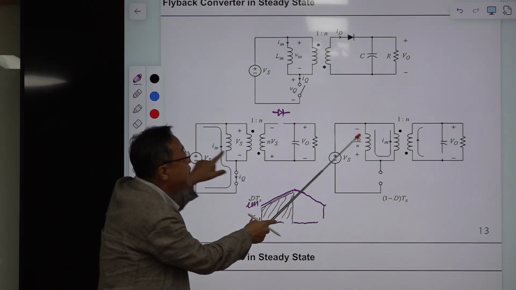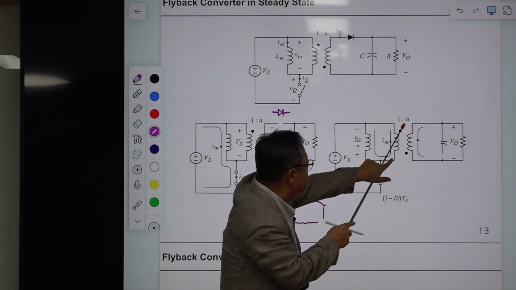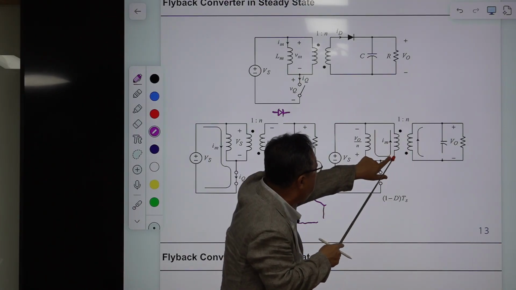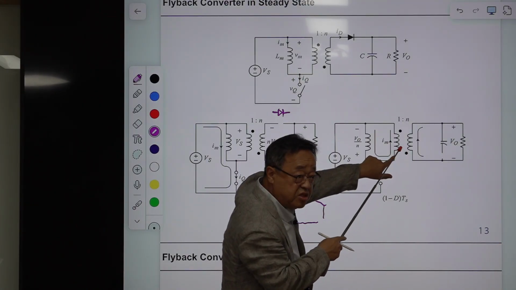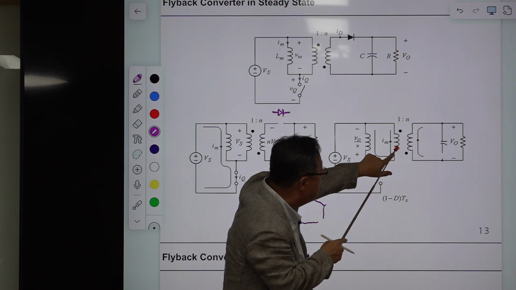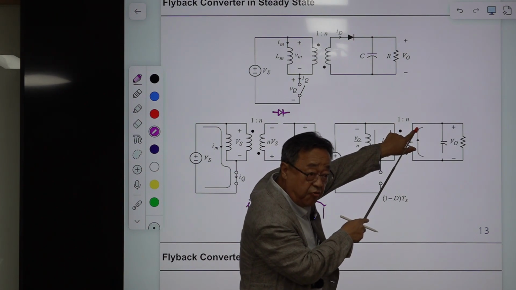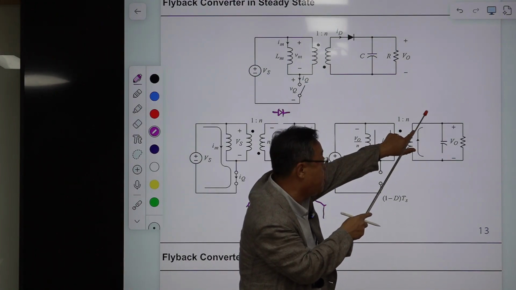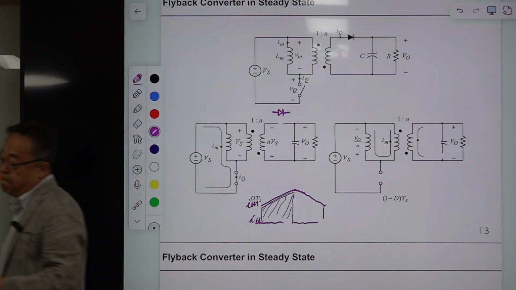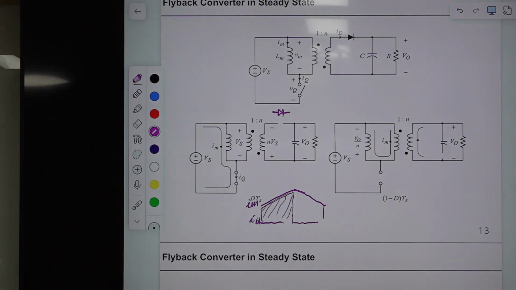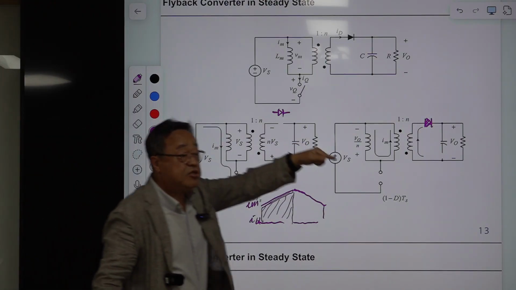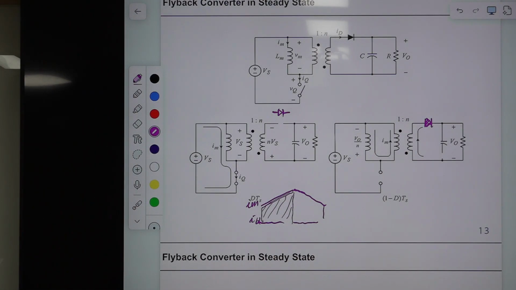Then this current is coming into the undotted terminal of this ideal transformer, then the current should come out from the undotted terminal of the secondary winding. That is possible by turning on this diode. So the diode is turned on by current. If you push current in this direction, the diode is turned on simply. So it's turned on, right?